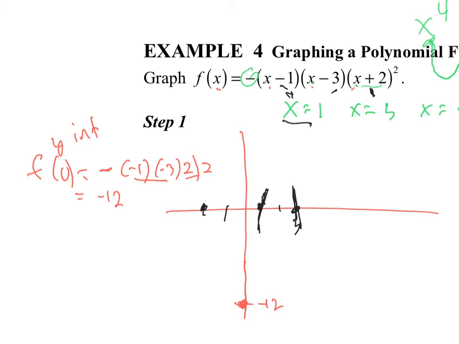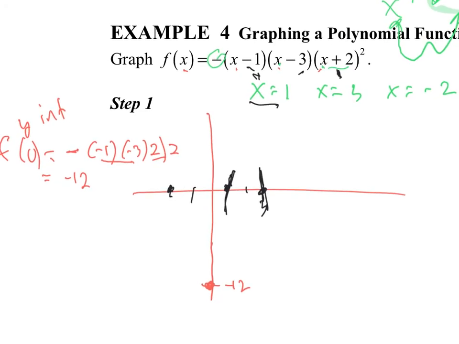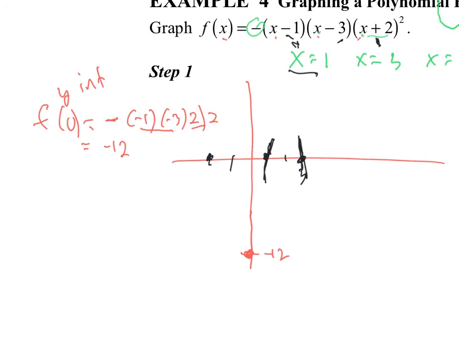Okay? Now, which is it going to be? Think about what this thing does. We already said it's going to open down. Has to open down. That means from both sides it has to come this way.